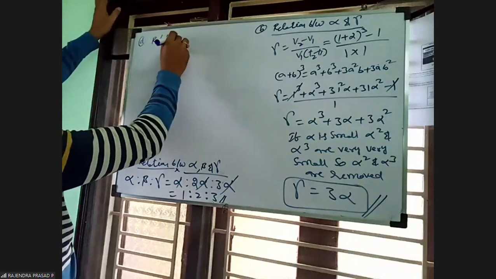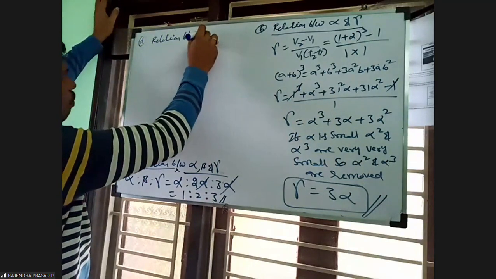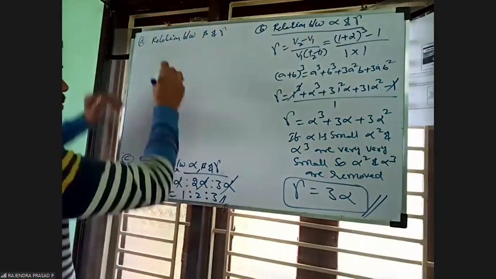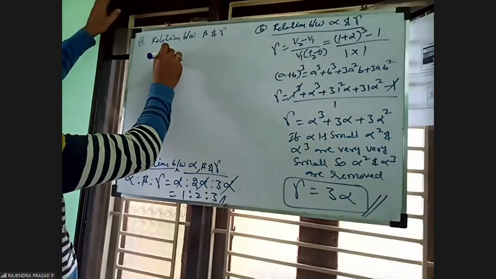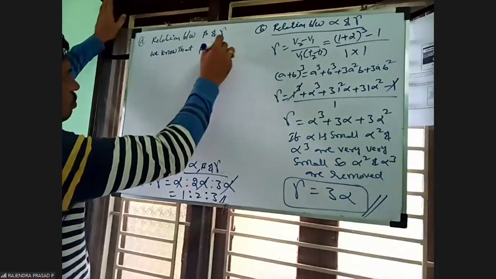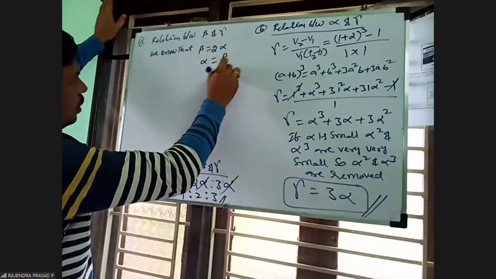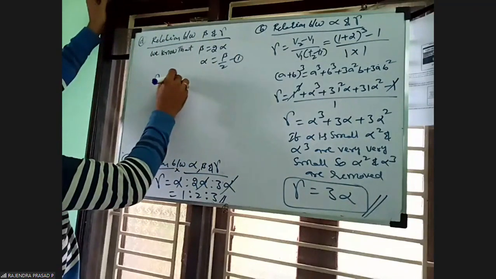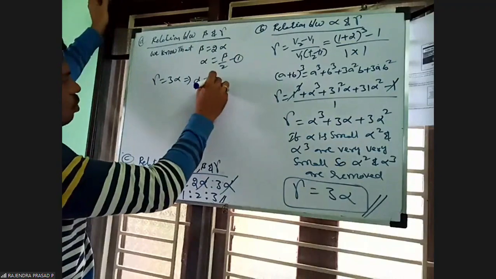Next, the relation between alpha, beta and gamma. We know that beta equals 2 alpha, so alpha equals beta by 2. Gamma equals 3 alpha, so alpha equals gamma by 3.